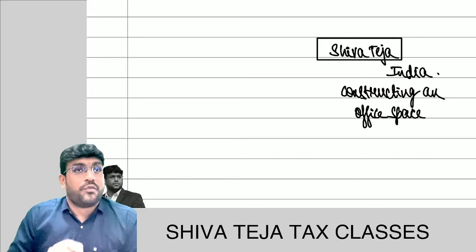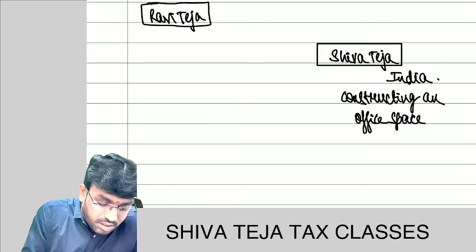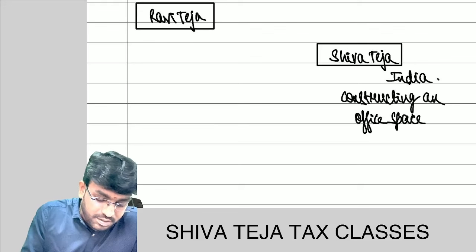And there is one person, Mr. Raviteja, who is one top architect in the US. And this person, Mr. Raviteja, is the brother of Shivateja. It's an example, sir. Now what has happened is, I thought I want some exciting and extraordinary design for my office space. I called my brother Raviteja and I told him to give some extraordinary design for my office space.